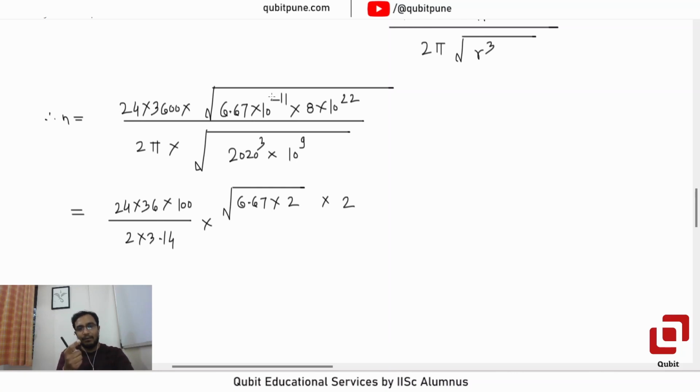The 10 raised to 9 from the denominator, when it goes to the numerator, becomes negative 9.